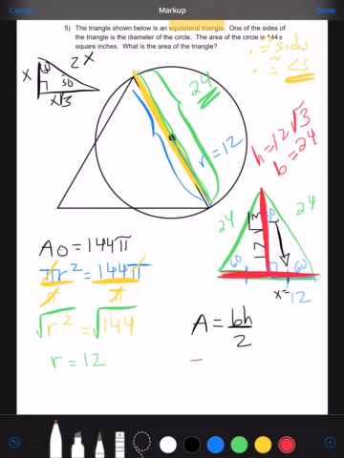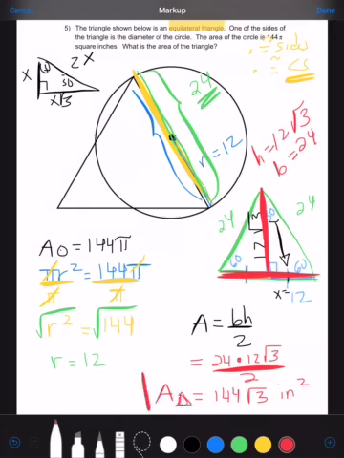So the area is going to be 24 times the height, which is 12 square root of 3, divided by 2, okay? And when we simplify this, this is 144 square root of 3. And this is going to be inches squared. So this is the area of the triangle, okay?